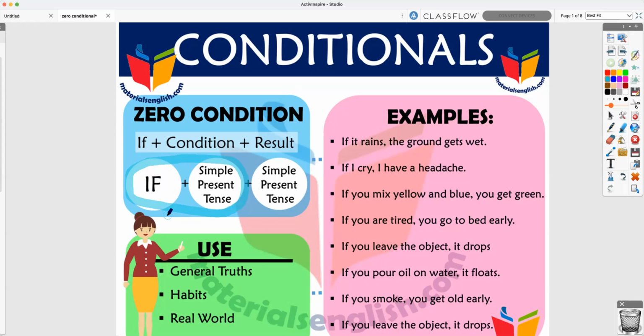Entonces, para condiciones o para situaciones en donde yo tengo una condición y un resultado, vamos a utilizar if, que significa sí. Por ejemplo, si tú escuchas atentamente, entenderás la clase. Si tú prestas atención, podrás realizar oraciones con esta estructura, ¿sí? Entonces hay una condición y ese sí de condición lo vamos a usar con if.